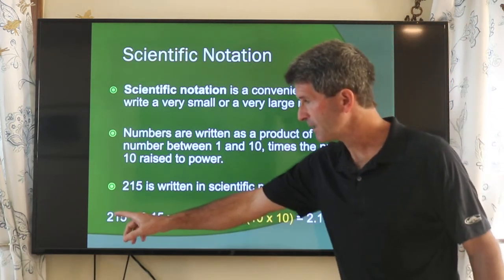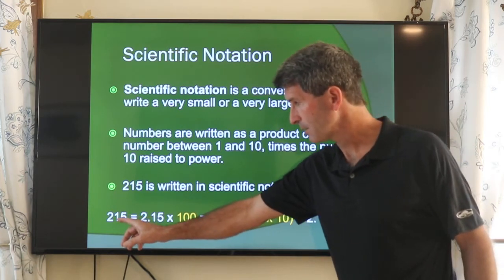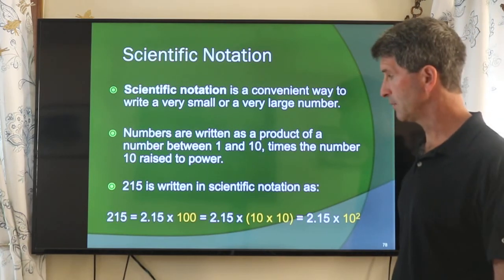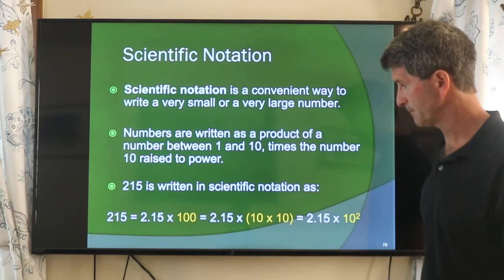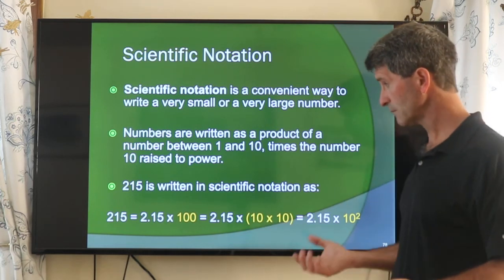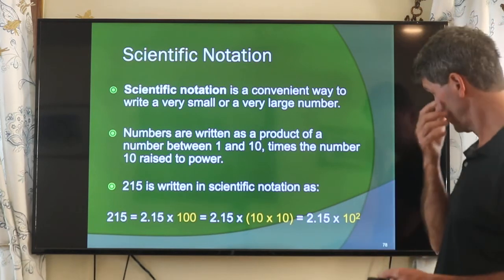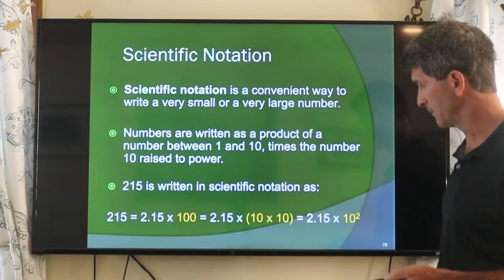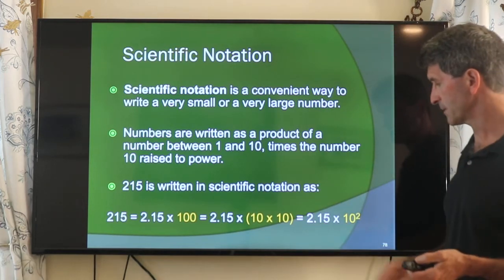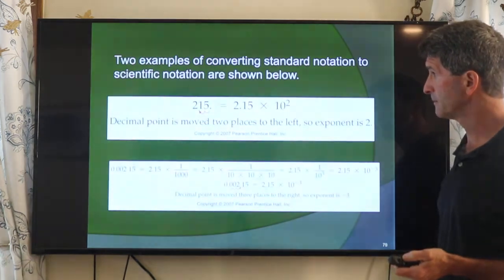So 215, if I were to divide that by powers of 10, divide by 10, divide by 10, 2.15 would be my multiplier right there. My power of 10, to get it there, would be 10 to the 2, because 100 is 10 to the 2. And this 215 can be written in scientific notation as 2.15 times 10 to the 2.